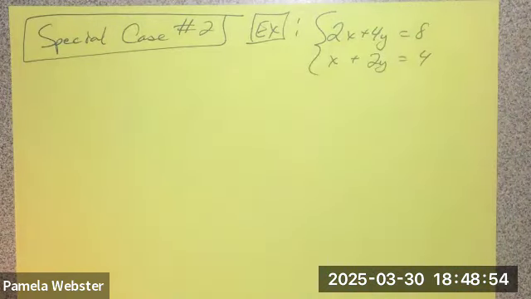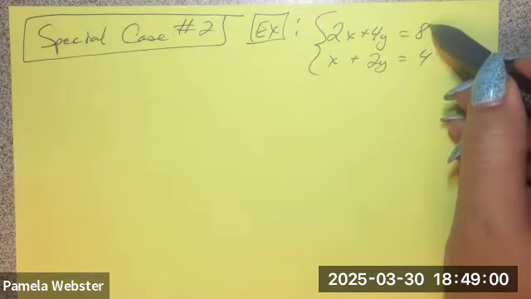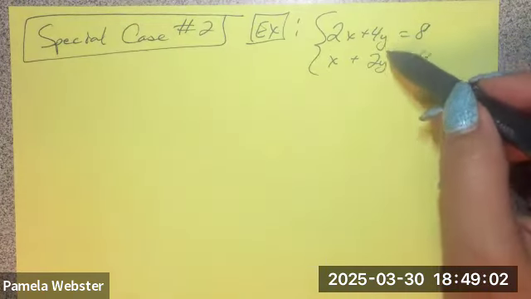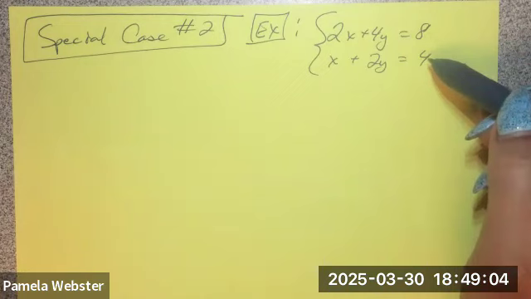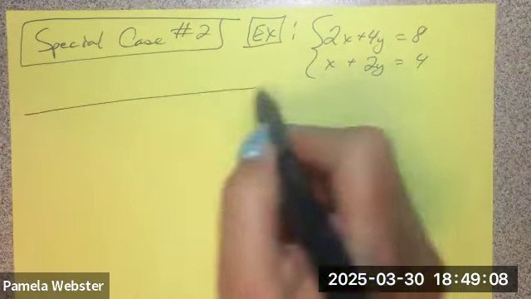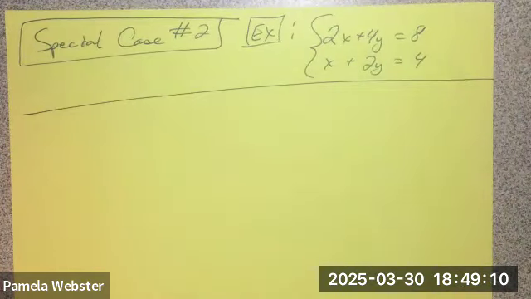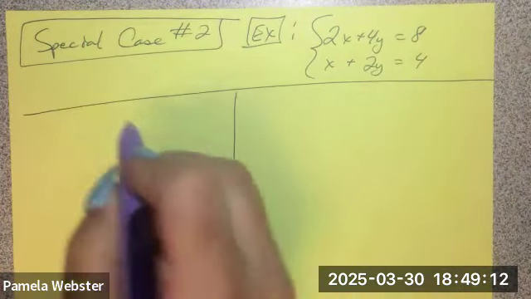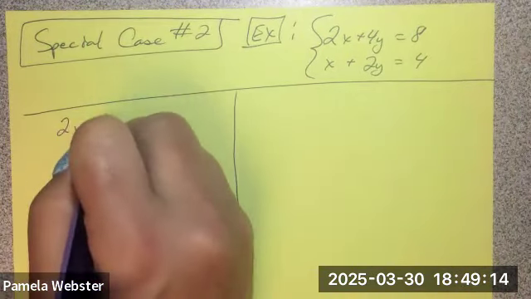See, those don't look alike. If you're really paying attention, you might notice that this equation up here looks like it's twice that equation down there, and that is exactly what's happening. Okay. But if you're not paying close enough attention, or you're just in a hurry, or it didn't occur to you to check for that, then what are you going to do?